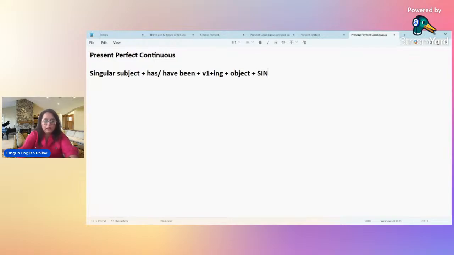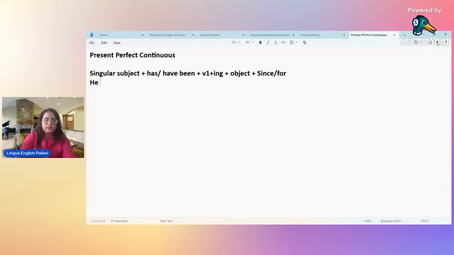So here I will be using either since or for. Using since or for is a must in it. So I can use either one. Singular subject plus has or have been plus V1 plus ing plus object plus since or for.